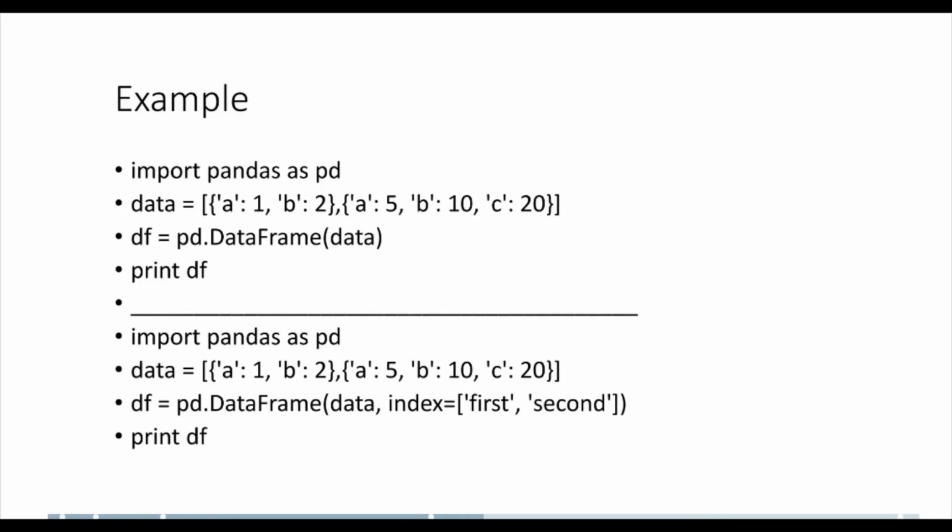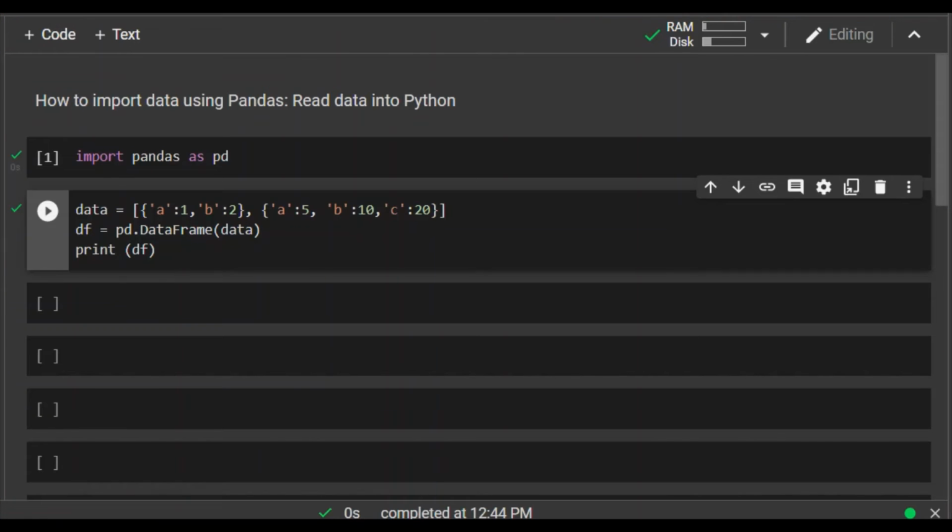And we have another dictionary which has key A with the value 5, key B with the value 10, and key C with the value 20. Now let's see how the data will look and see it working in code.